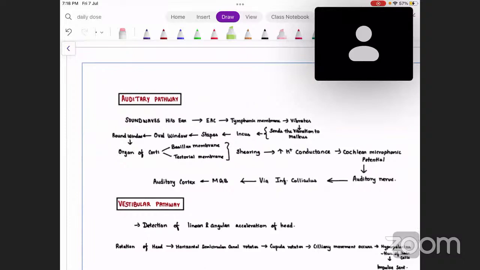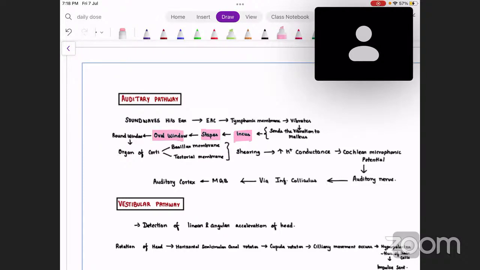Whenever sound waves hit the ear, they go through the external auditory canal, which pushes the tympanic membrane and causes vibration. The vibration of the tympanic membrane hits the malleus to incus to stapes to oval window, because the vibration passes from one structure to another.